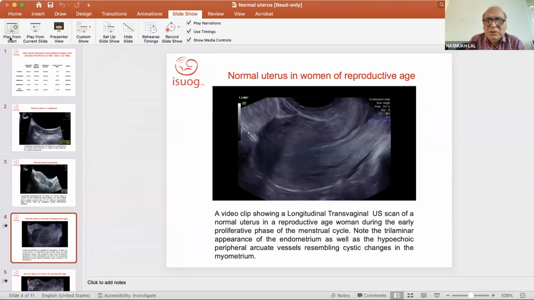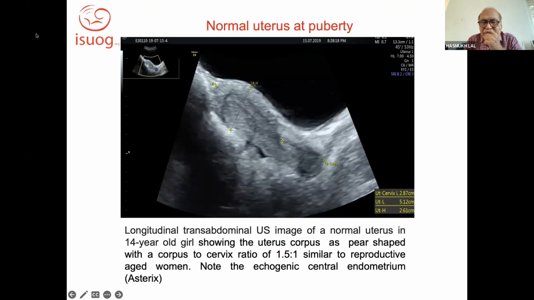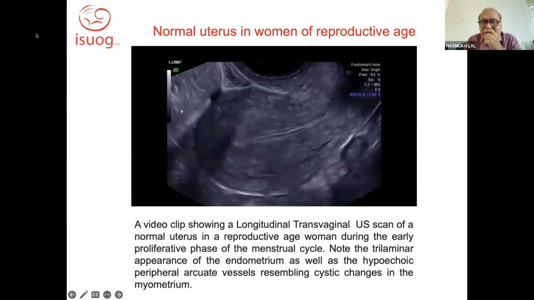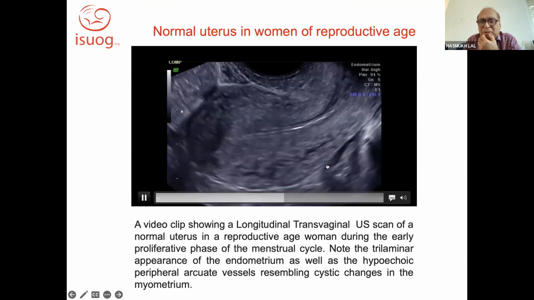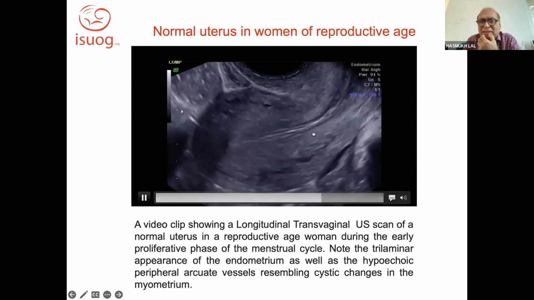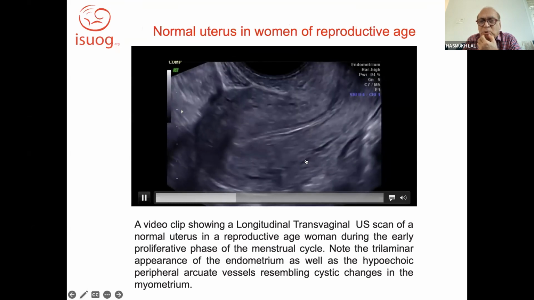So I was just trying to show this sliding sign. But the trace method is again very good for measurement. So this is the sliding sign. Once you are pressing, you can see this mucosa and this one moving against each other, telling us that there is no adhesion.